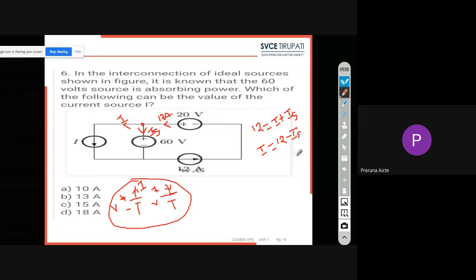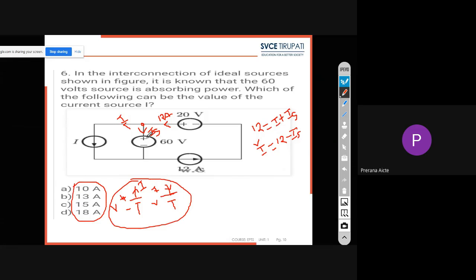So this is a data insufficient problem, but we can solve it using the options. Whatever current I you calculate, it should be less than 12 or more than 12? Obviously less than, because IS is some positive value.